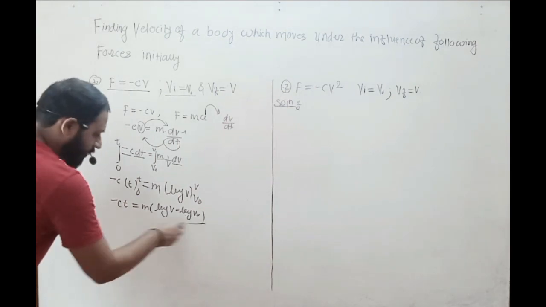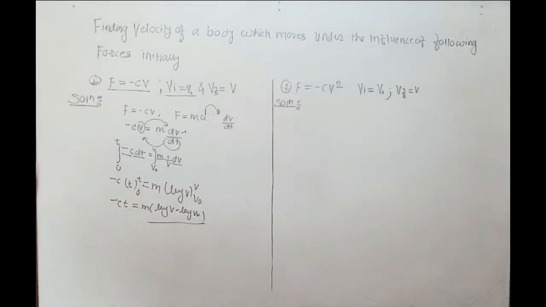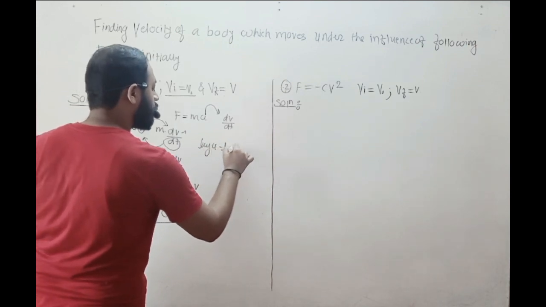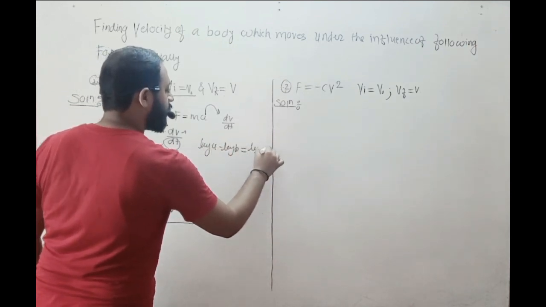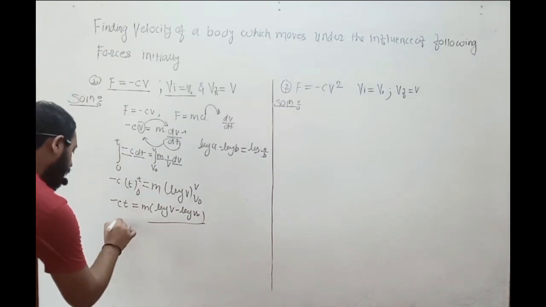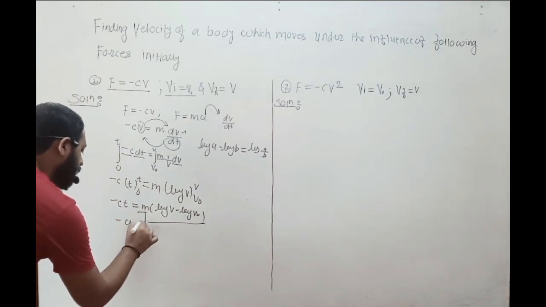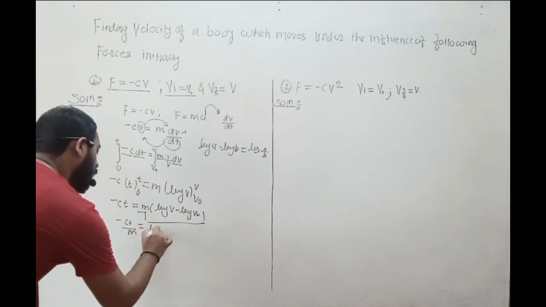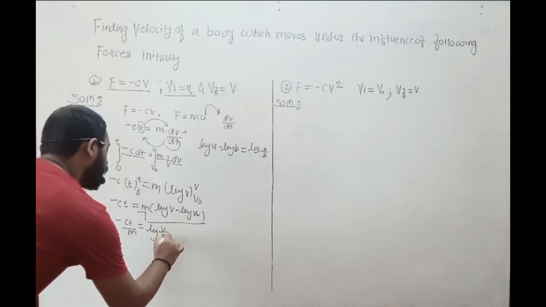Now you have to apply the rule of log, that is log a minus log b equals log of a by b. Minus ct equals m log of v by v0. This m is constant, shift it to the left hand side. Therefore, minus ct by m equals log of v upon v0.